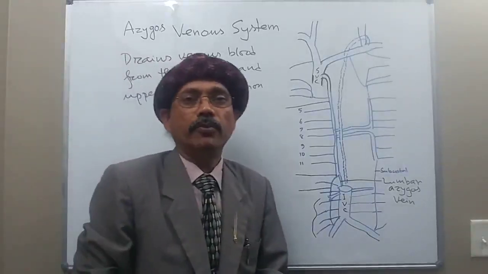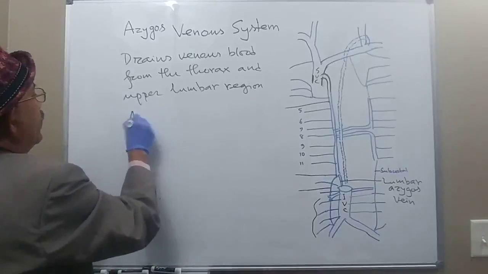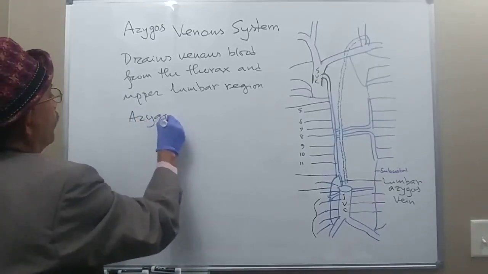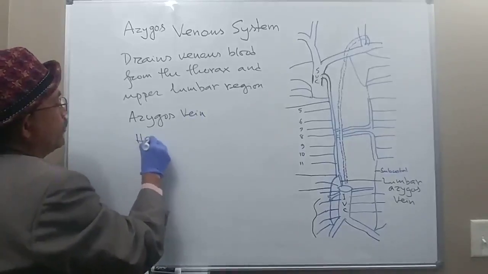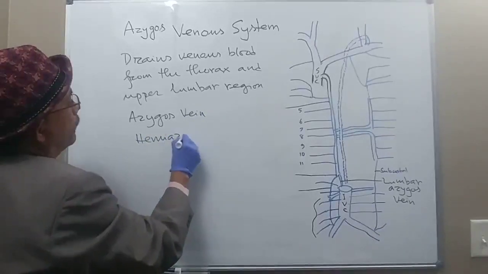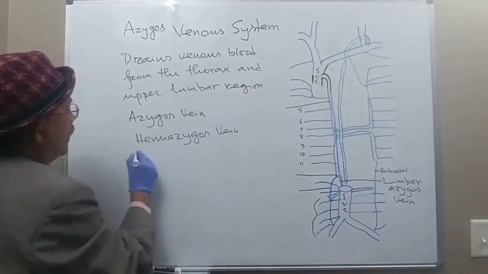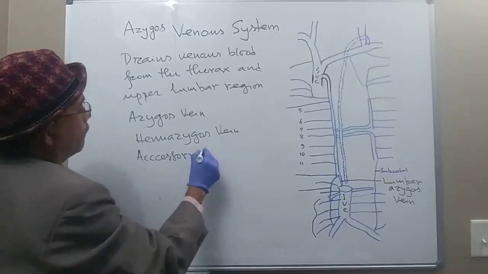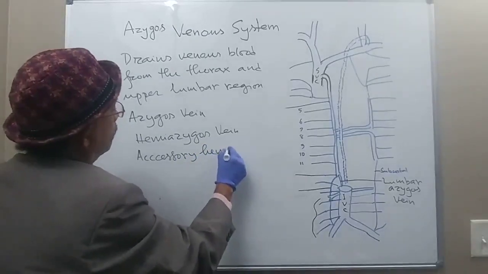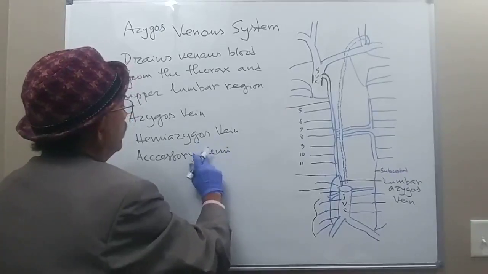The azygos venous system consists of the azygos vein, hemiazygos vein, and accessory hemiazygos vein.